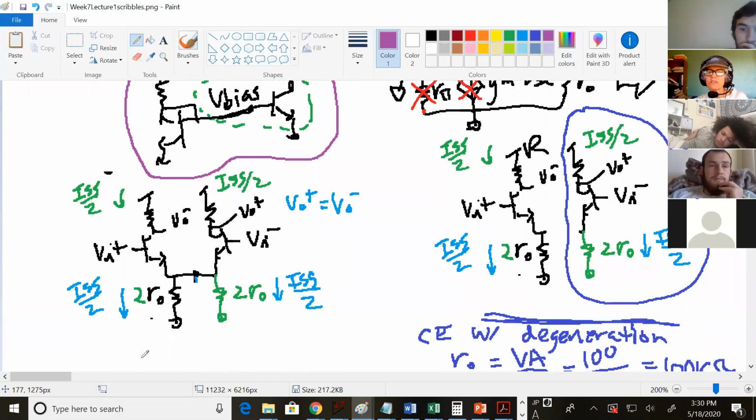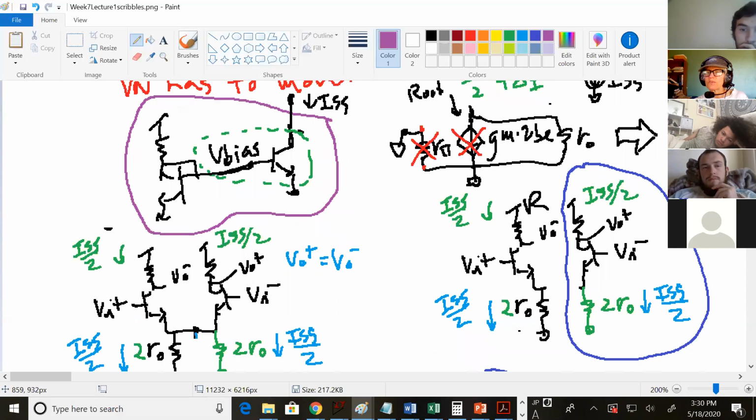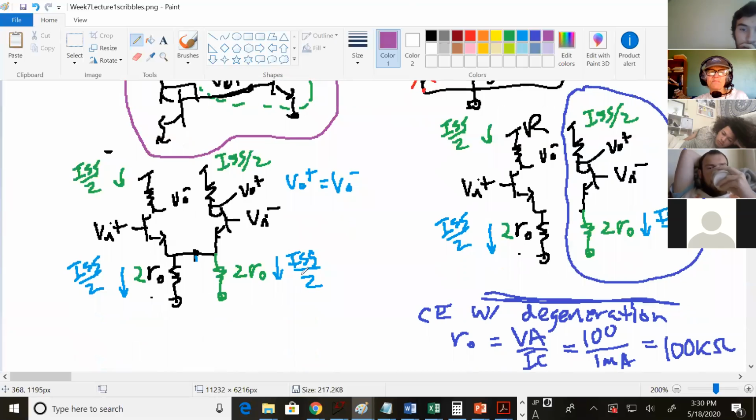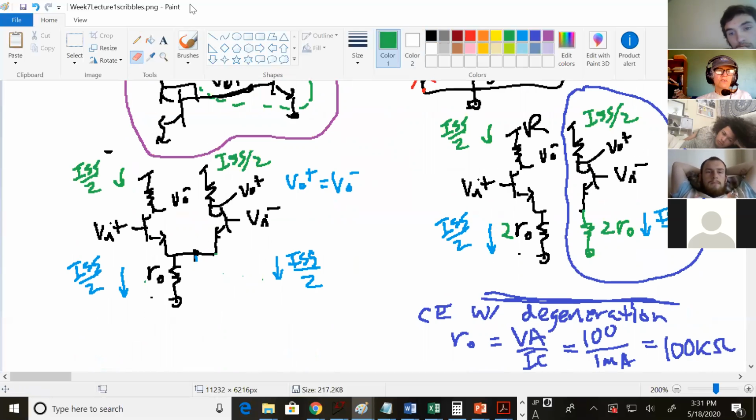And we went down, we said, okay, we know that the tail current source is going to behave like a resistor of size RO. And again, stop me if I'm going too fast. So what we did here first is said, okay, so we know the tail current source behaves like a resistor of size RO.